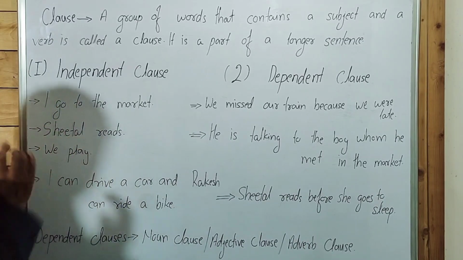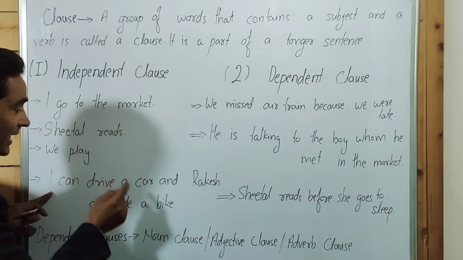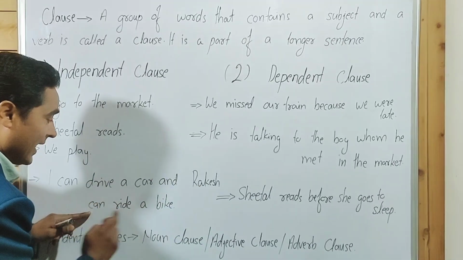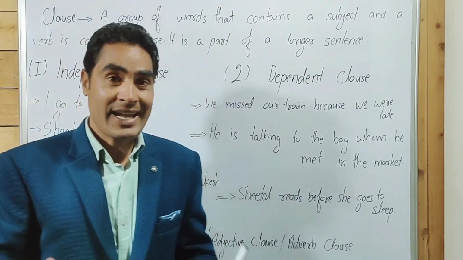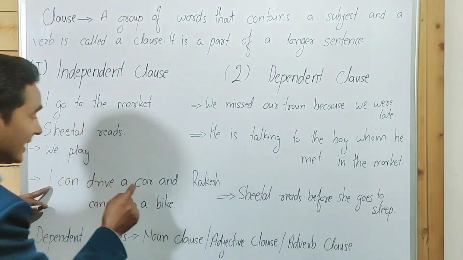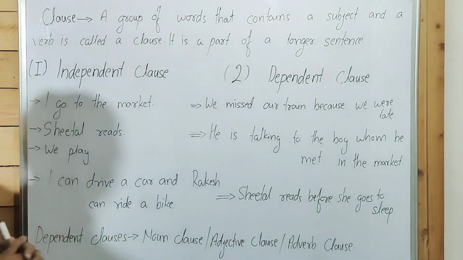It can stand alone. An independent clause. I can drive a car and Rakesh can ride a bike. This sentence has two clauses, two independent clauses. First, I can drive a car, and second, Rakesh can ride a bike.